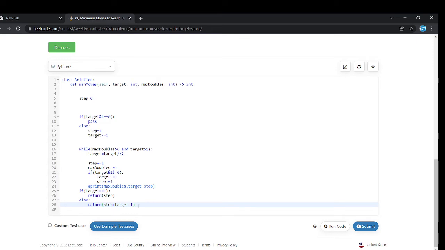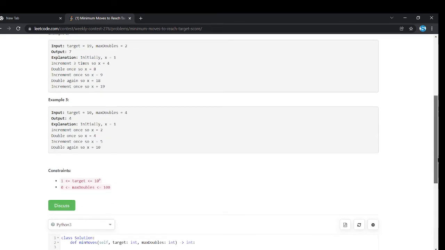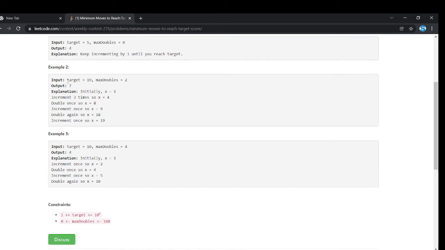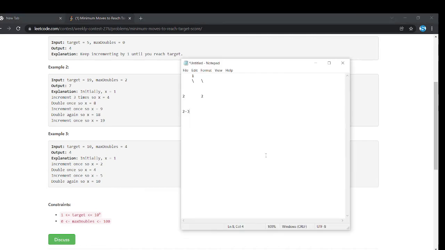Suppose, for example, in the second example itself, the first step would be to decrement by 1 since it's an odd number, so we will reach 18.